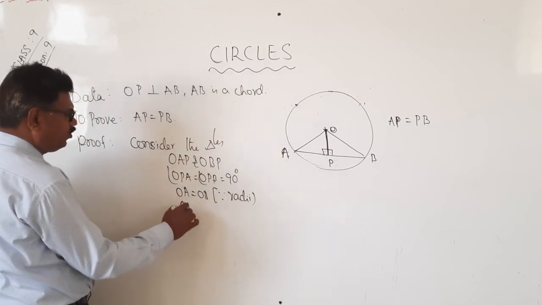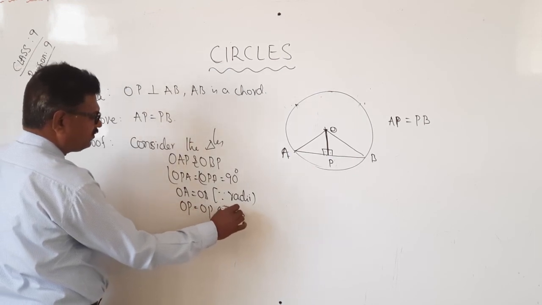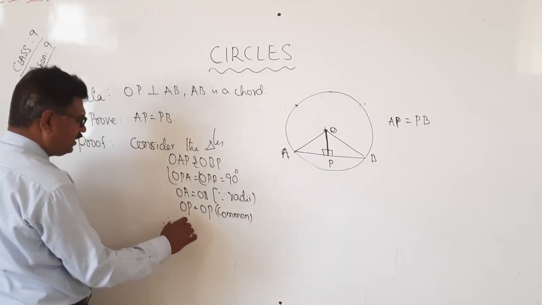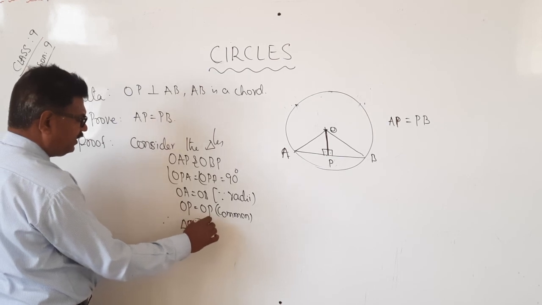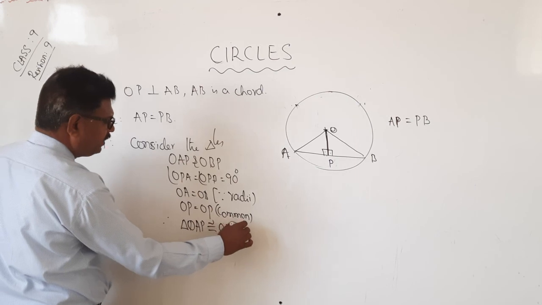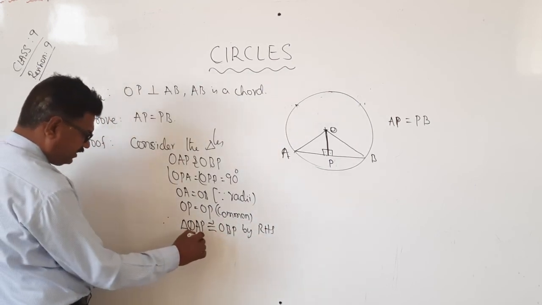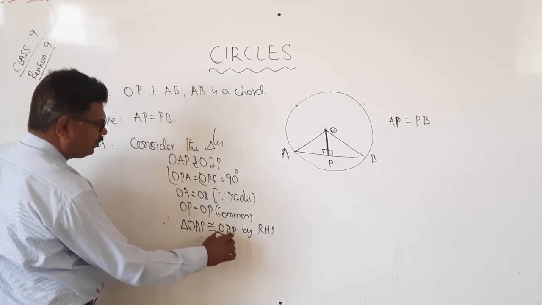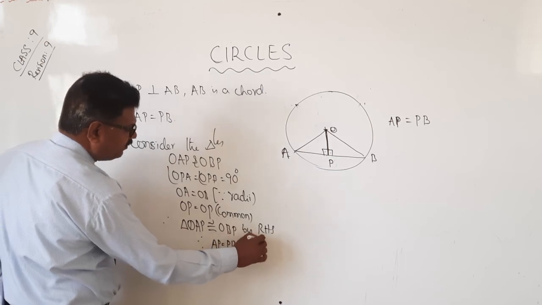Next, OP equals OP, common. Therefore, triangle OAP is congruent to triangle OBP by RHS condition. Therefore, AP equals PB by CPCT.